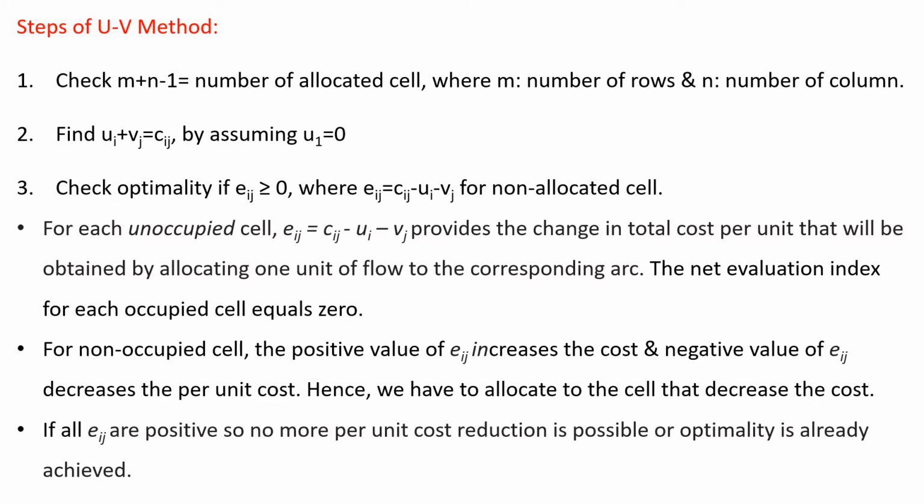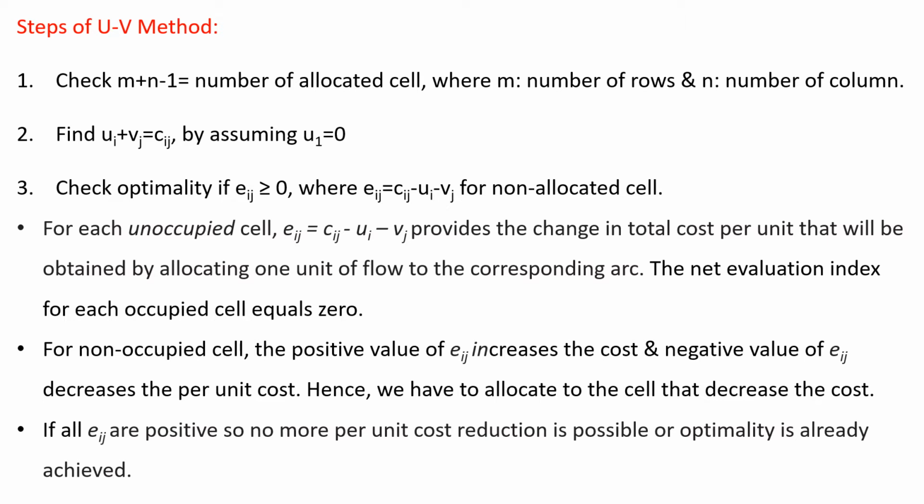Let's move to the steps of the UV method. The first step is to check that m plus n minus 1 equals the number of allocated cells. That means the result obtained from the initial feasible solution, from either the northwest corner, minimum cell cost, or Vogel's approximation method.